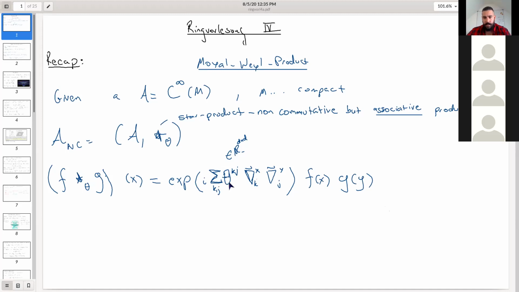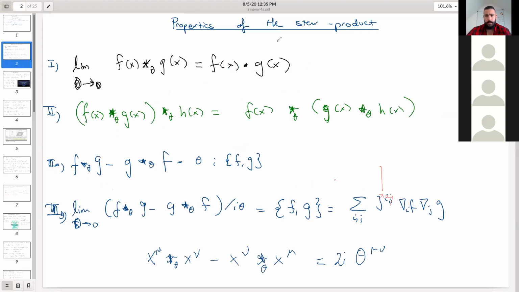So if theta is equal to 0, this is just f of x times g of y at x equal to y, which is f of x times g of x. This is also one of the ideas of deformation quantization: for theta equal to 0, the new product goes into the old commutative product.